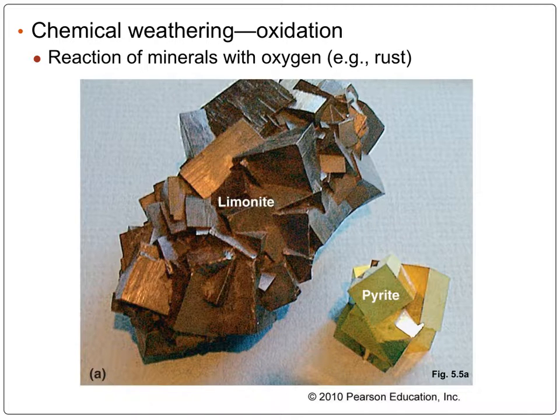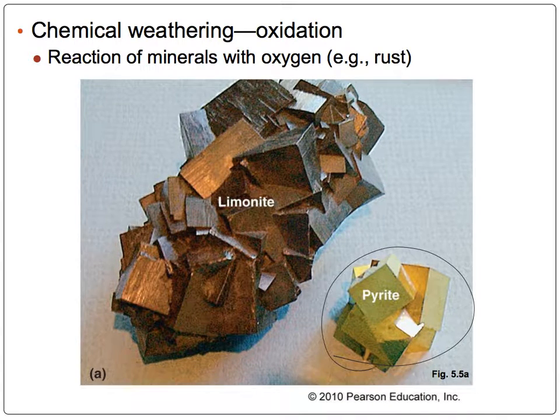So the pyrite is the unoxidized form, and so if you've got a rock matrix that has pyrite in it, and that gets exposed to oxygen, that pyrite can be transformed into limonite, which is going to have different properties, and that's going to lead to disruptions of the crystal matrix and a weakening of the rock.